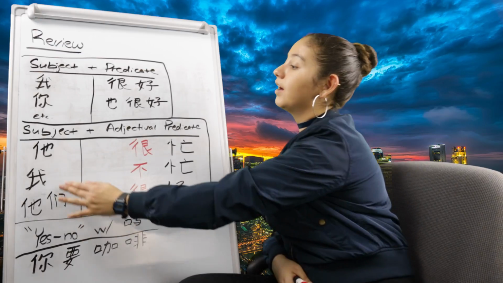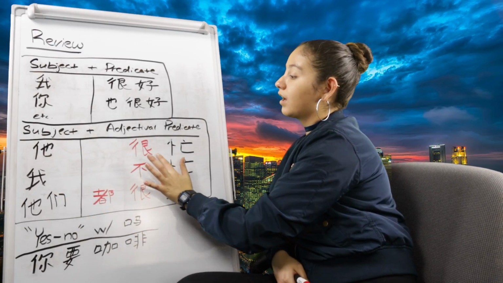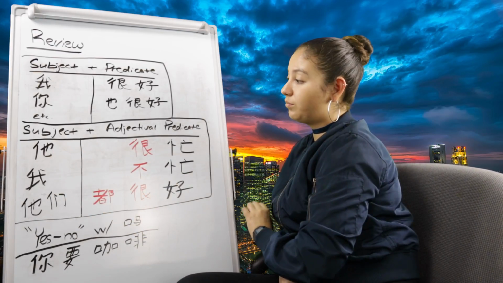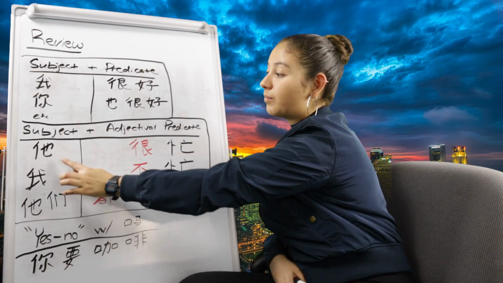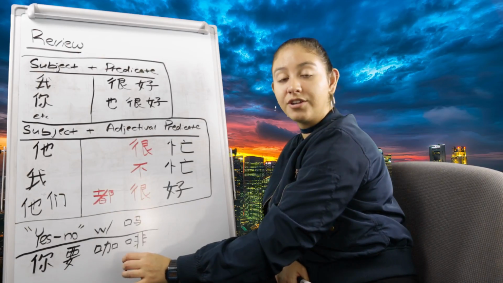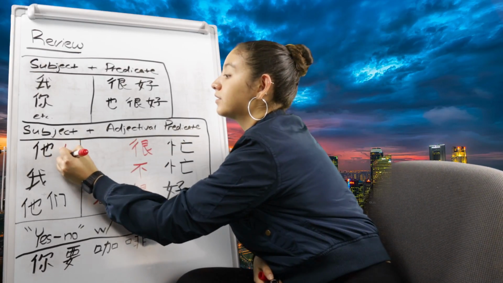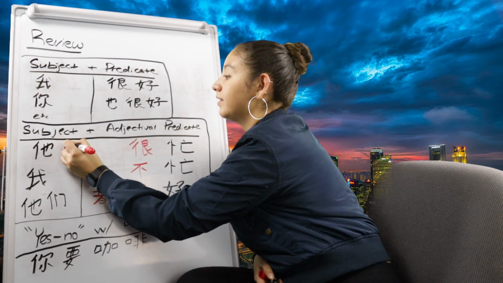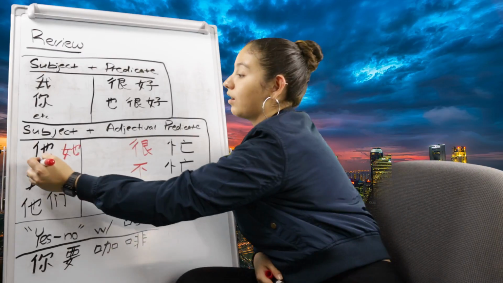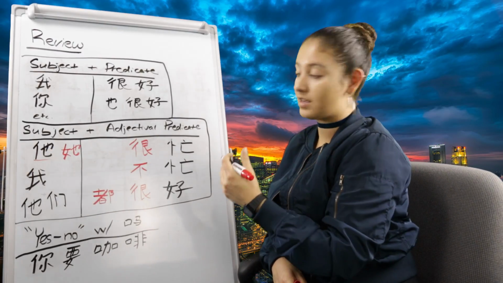So you will have 他很忙, meaning that he, remember this is the male version of 他, you have the male and the female version. If I wanted to talk about a female, I would put this 她, but right now we are talking about this 他, meaning he.